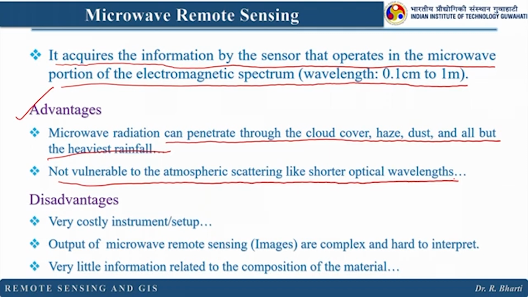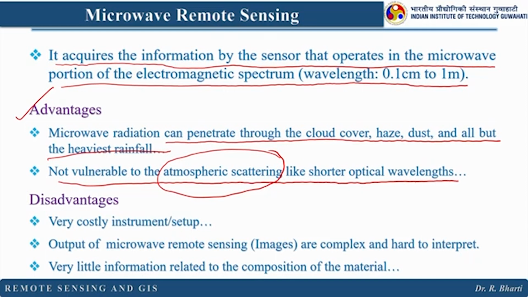So it is very important that you can do all weather condition mapping or image generation, and this is free from atmospheric scattering, because we have already seen that in the longer wavelength region scattering is minimum or negligible.